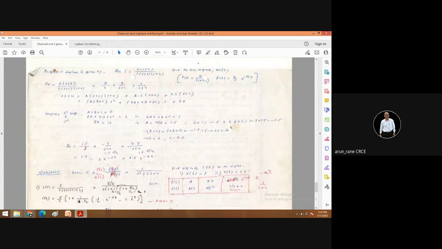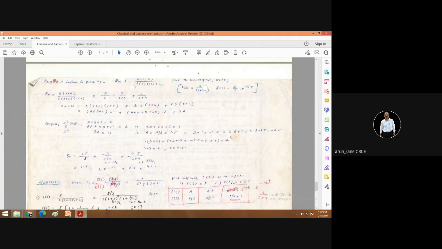So we'll go for the next example now. Response in Laplace is given by this: 2 into s plus 6 upon s into s plus 2 into s plus 4. Find the response in time domain, that is theta of t.